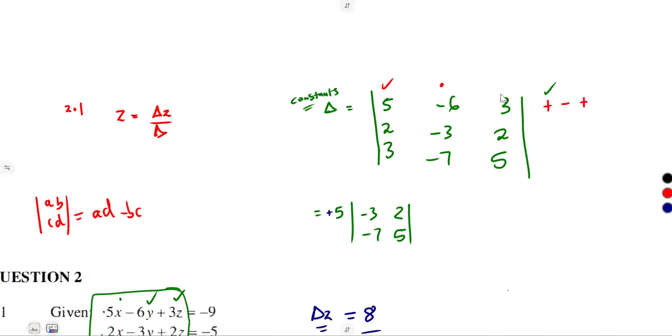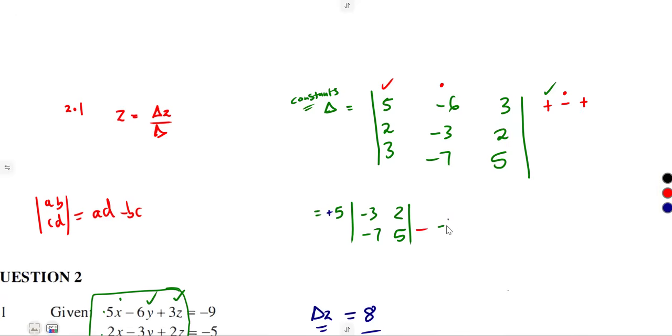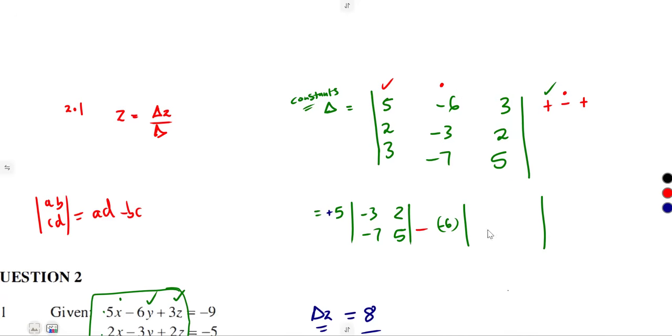Then minus 6, and there's a minus sign, and the number we have is carrying a negative. That's fine. The determinant which corresponds when we close the row and the column where that minus 6 is, you're going to be left with 2, 3, 2, 5.